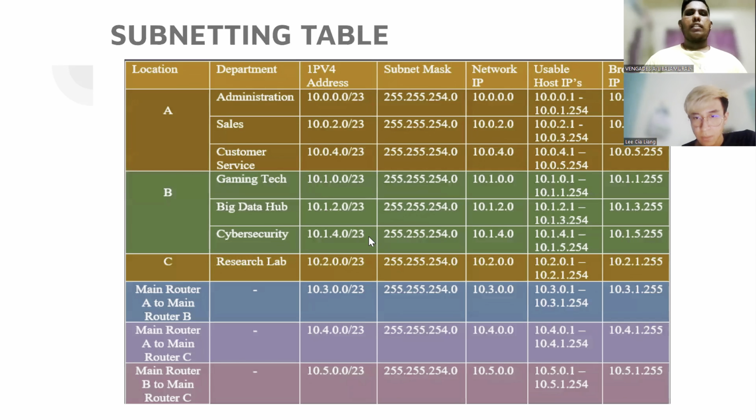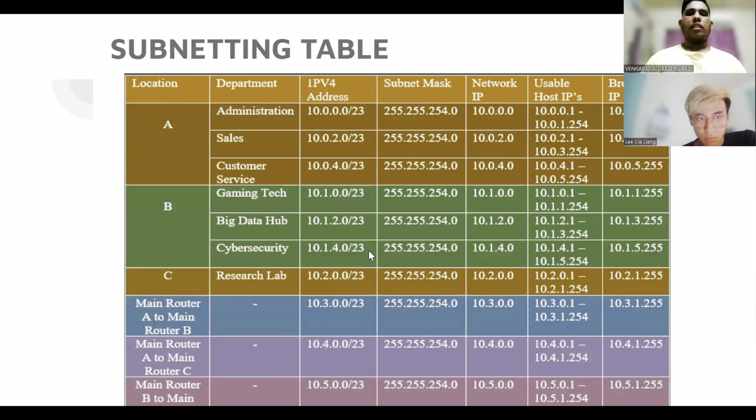As you can see, this is the subnetting table. The subnetting table shows the IPv4 addresses, subnet mask, the network IP, the usable host IPs, and broadcast IP for each department.